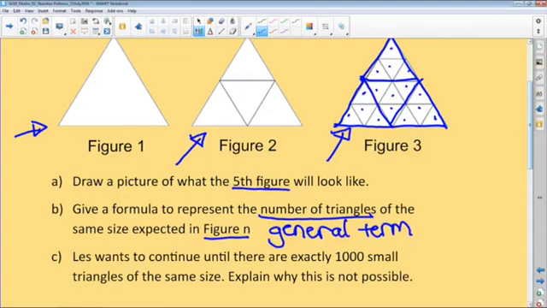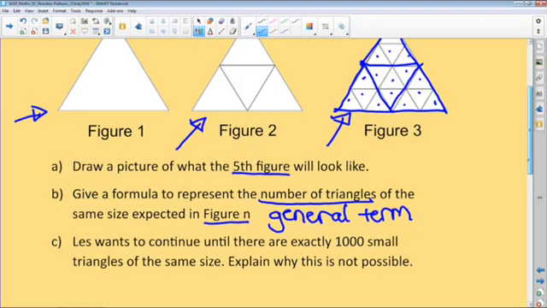Okay, so you need to find the general term. And the last question says, Les wants to continue until there are exactly 1,000 small triangles of the same size. Explain why that is not possible.